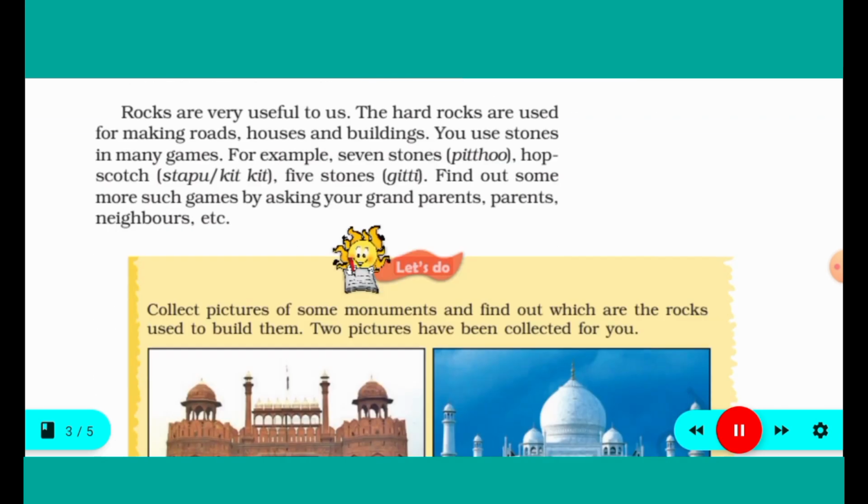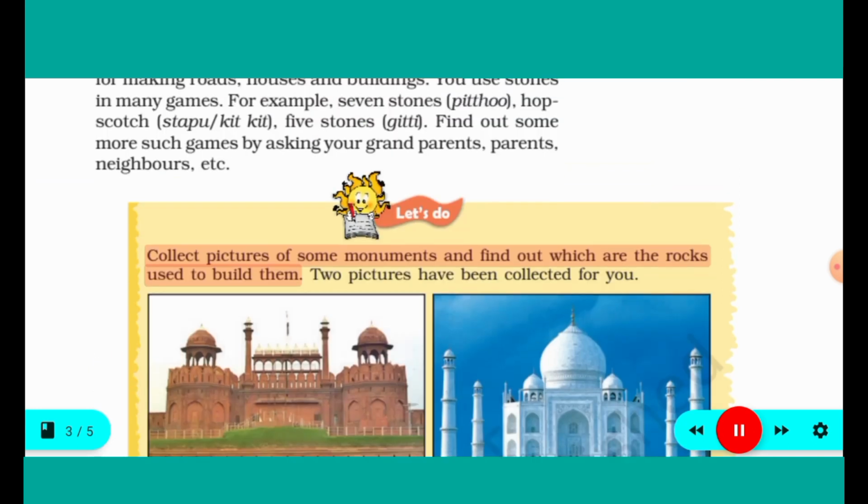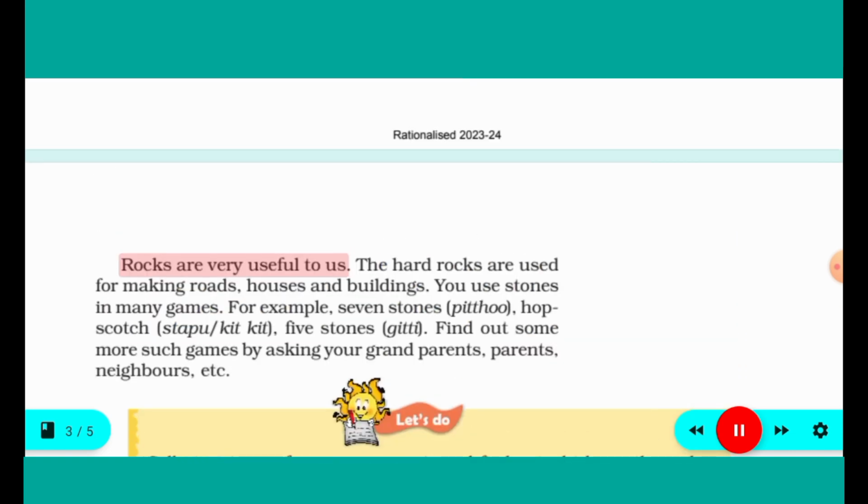Let's do. The Red Fort is made of red sandstone, the Taj Mahal is made of white marble. Collect pictures of some monuments and find out which are the rocks used to build them. 2 pictures have been collected for you. Rocks are very useful to us.